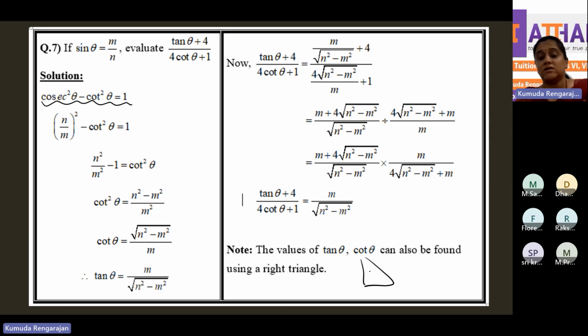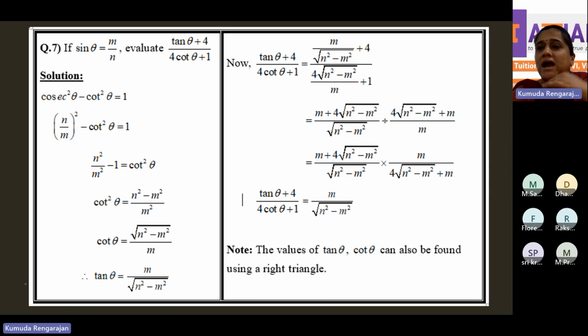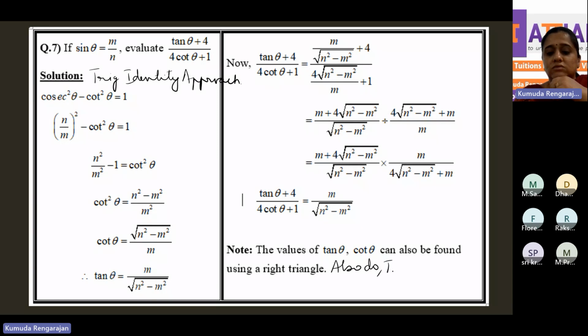You should also do that. I want you to do method 1 and method 2, that is the triangle approach and the trigonometric identity approach. I want you to do both the methods. Here you can see the trigonometric identity approach. You must also do the triangle approach.